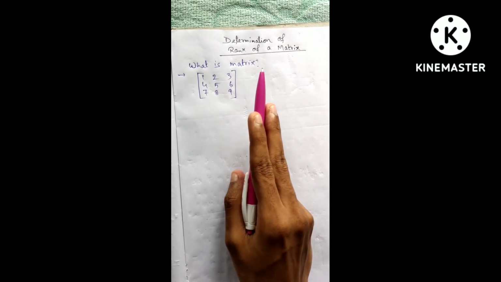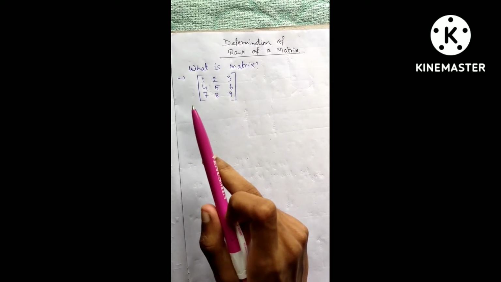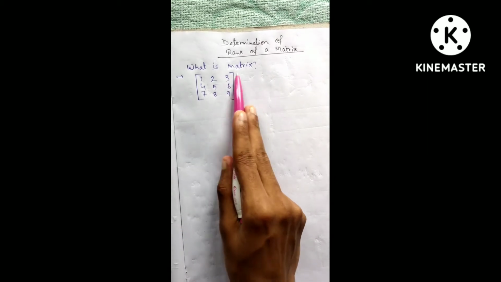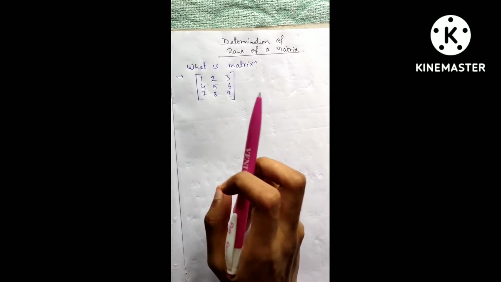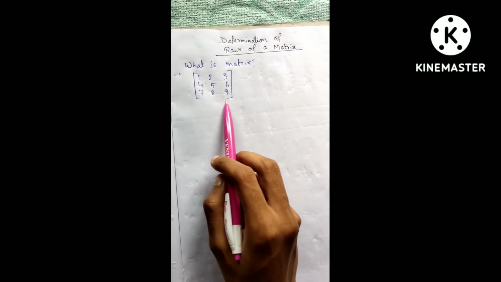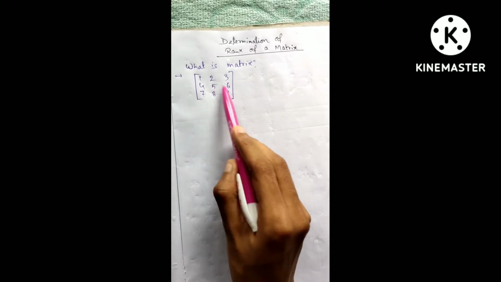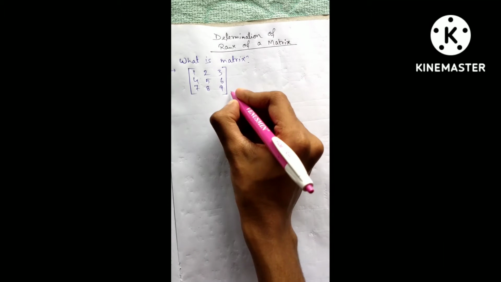These 9 numbers we have, and I want to arrange them. This arrangement is called a matrix. It has 3 rows and 3 columns, so it is called a 3 cross 3 matrix.